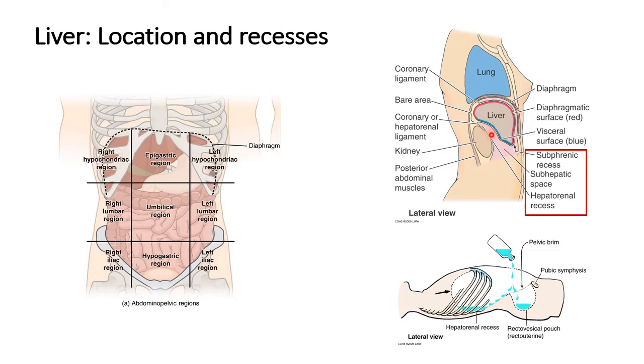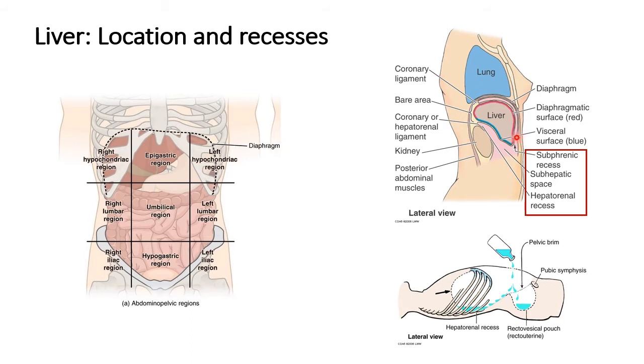There are some spaces that we call recesses. A recess is just part of the peritoneal cavity, like an extension of the peritoneal cavity around the liver. One of the recesses is this one, which is called the subphrenic recess, because it's just below the diaphragm.